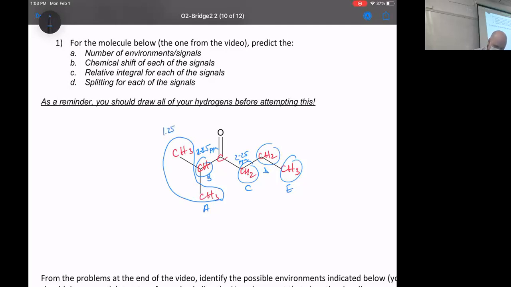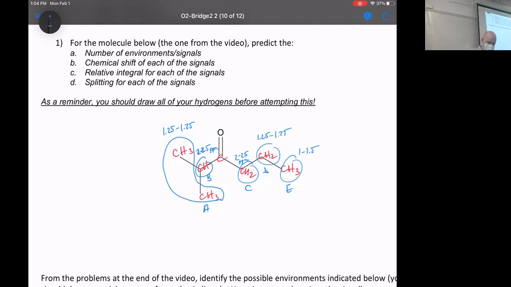So maybe 1.25 to 1.75. I would expect the CH3s in environment A to be on the low end of that, and environment D to be a little bit more on the high end, but they're roughly in that region. E is too far away to feel much of anything. So 1 to 1.5, again, this is a CH3, so it's probably closer to the bottom end, closer to 1. So that's chemical shifts.